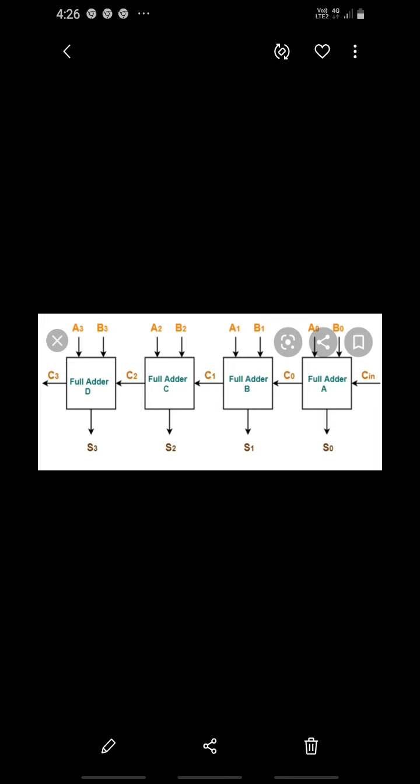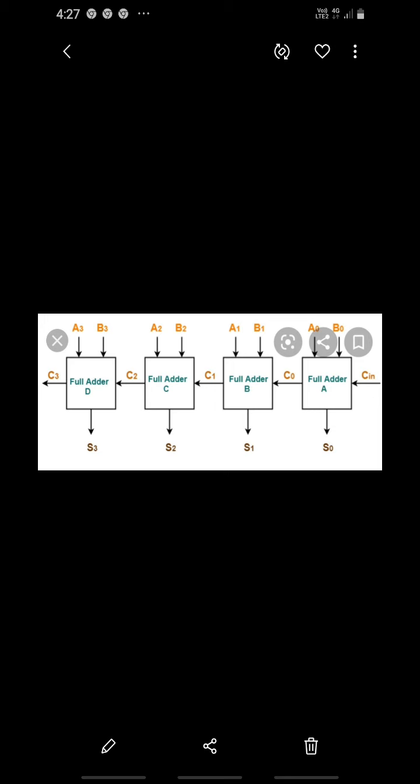So here it takes inputs A0 B0, A1 B1, A2 B2, A3 B3, and here A0 plus B0 gives the sum S0 and carry C0, and again this carry is added to the next higher bits, that is A1 B1.